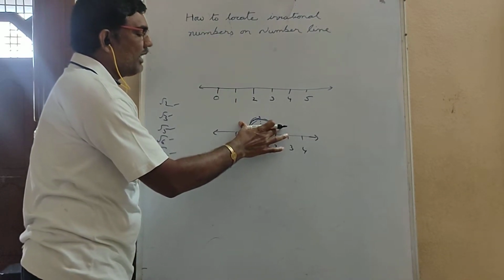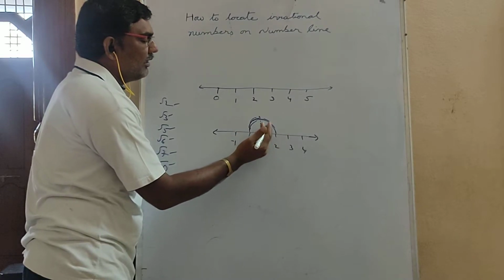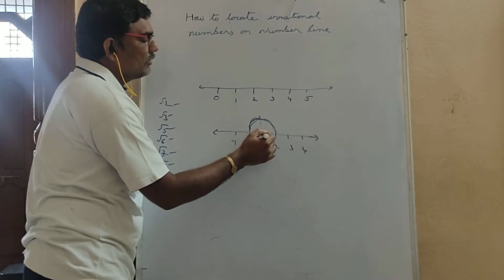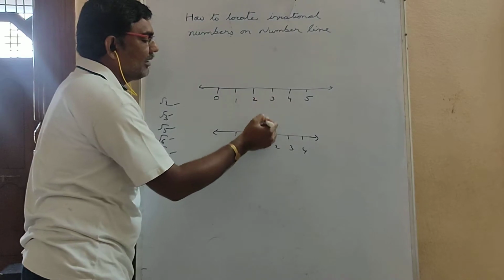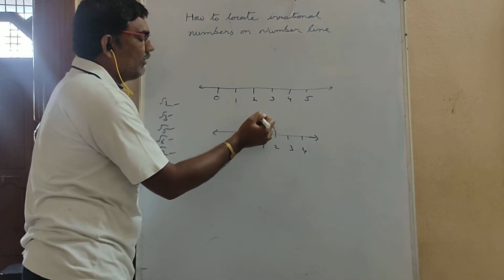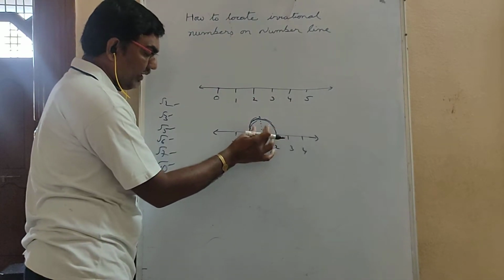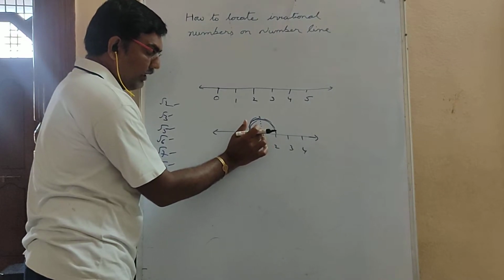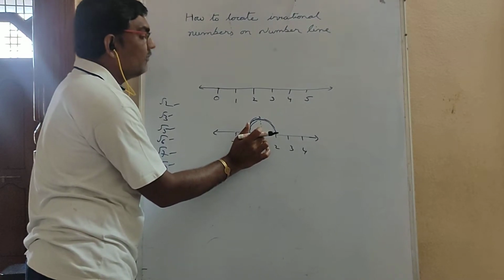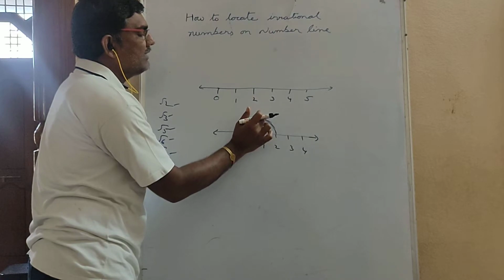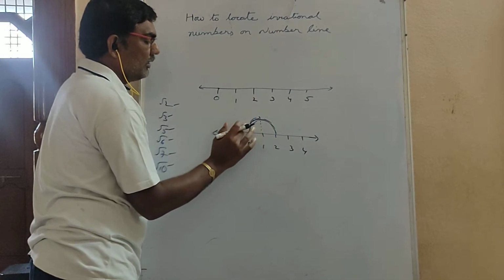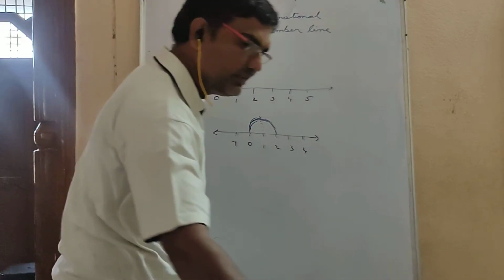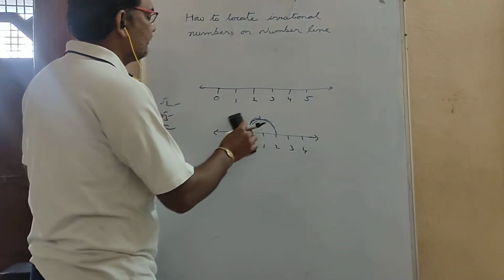By using the protractor at 1, through 1 you have to draw one perpendicular. To draw the perpendicular, take the protractor. The protractor's middle point should coincide at point 1, and where 90 degrees is, keep a dot. After keeping the dot, remove the protractor.